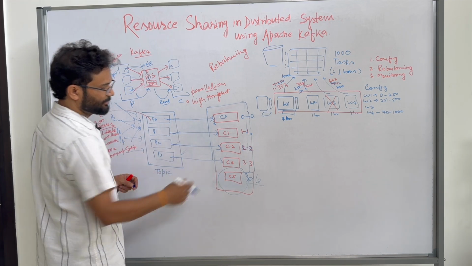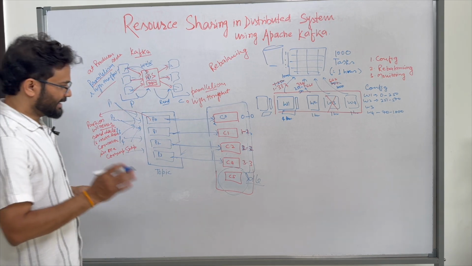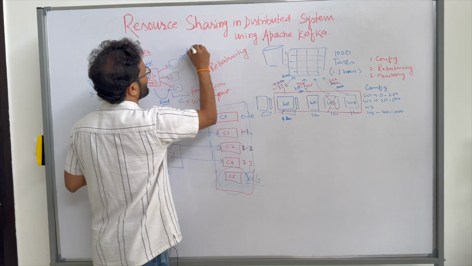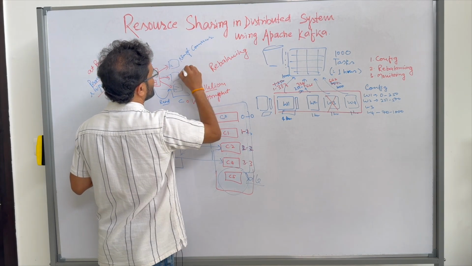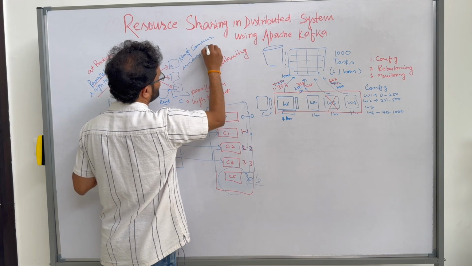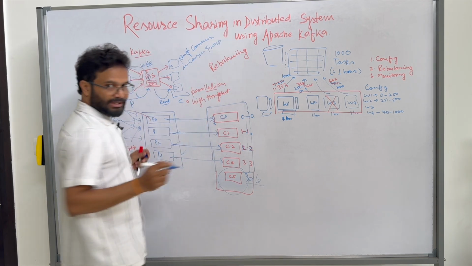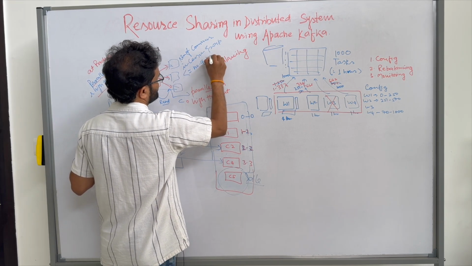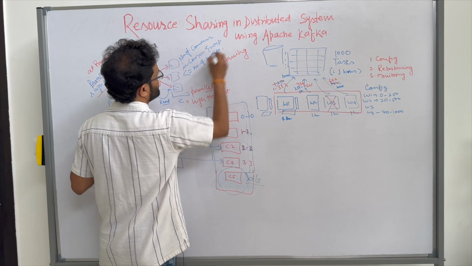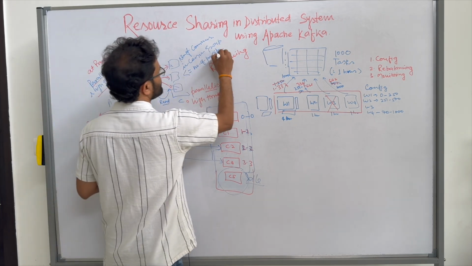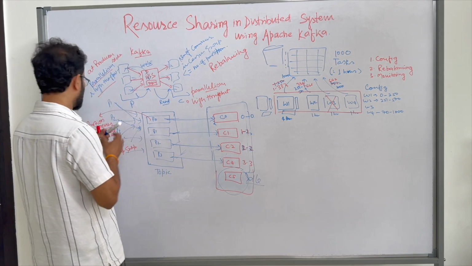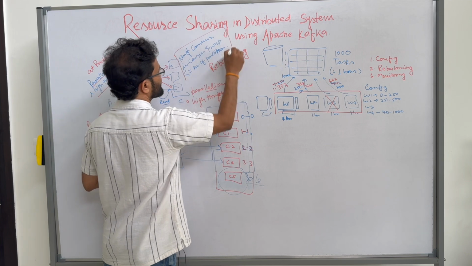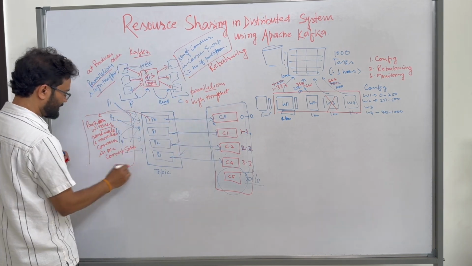So this consumer will be idle. So the number of consumers in a consumer group should always be less than or equal to the number of partitions. So these two things are very important.